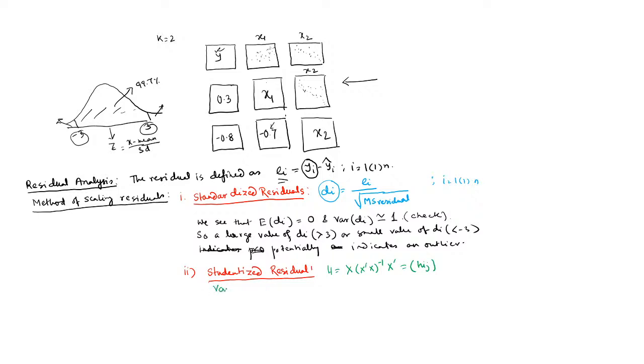We know the variance of e is (I minus H) sigma square. So the variance of e_i equals (1 minus h_ii) sigma square, and the covariance of e_i, e_j equals minus h_ij sigma square.